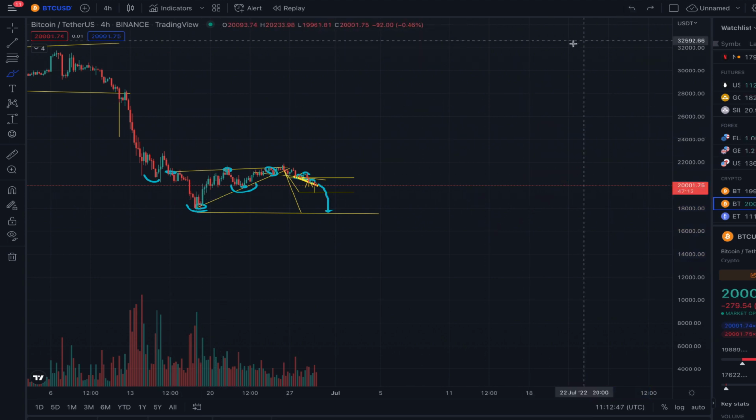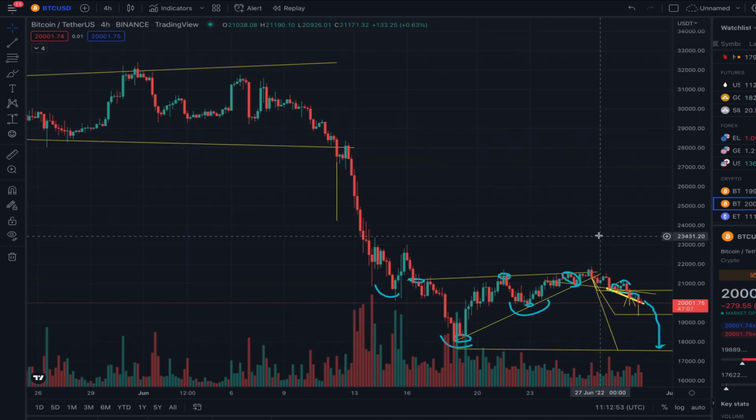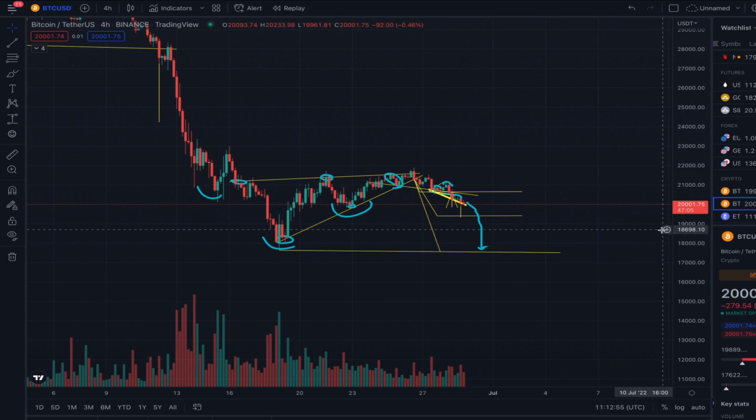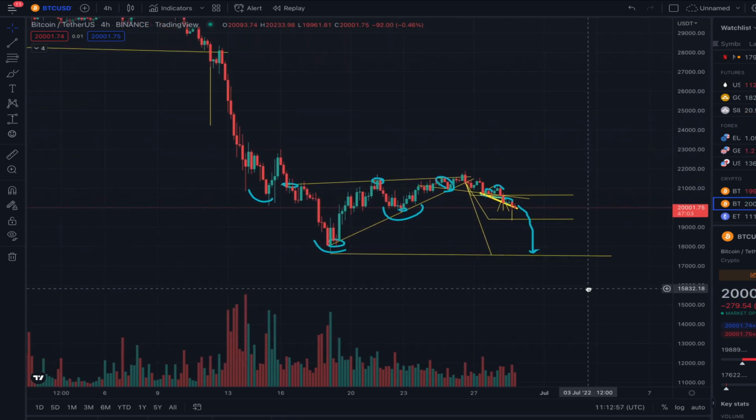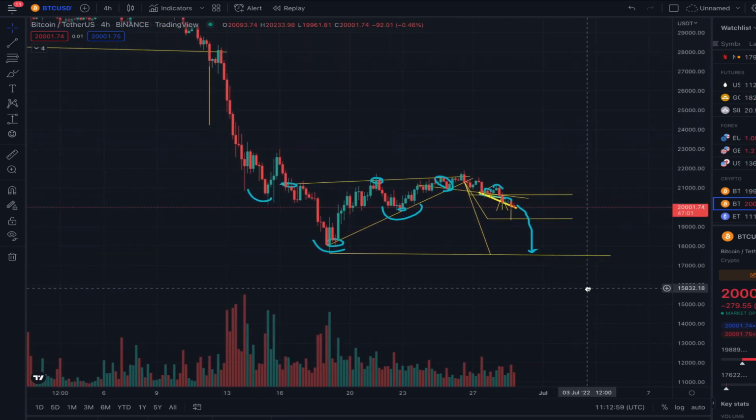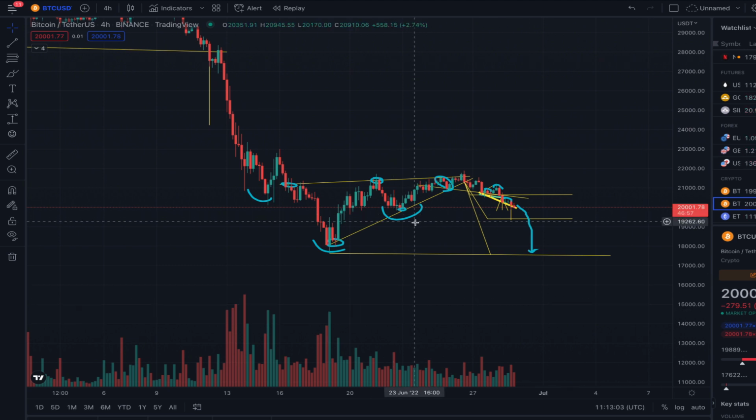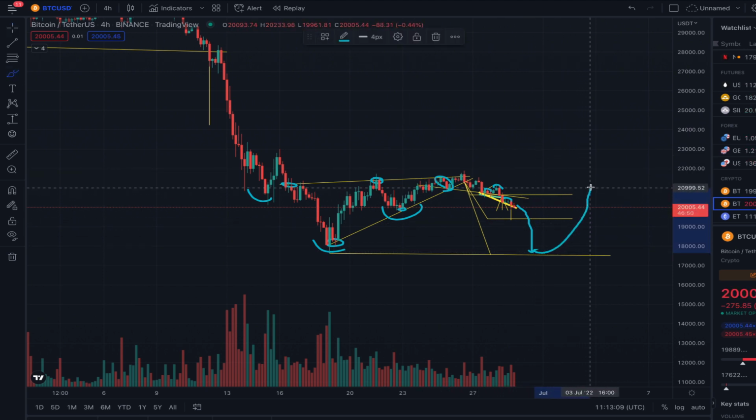And so these price targets that we have been talking about here, that is the 19k and 17 to 16k, these are price targets that you can only use to trade and look for a potential bounce. If, for example, Bitcoin comes down here and bounces off from here and goes back up like so, then this would have been a W pattern.